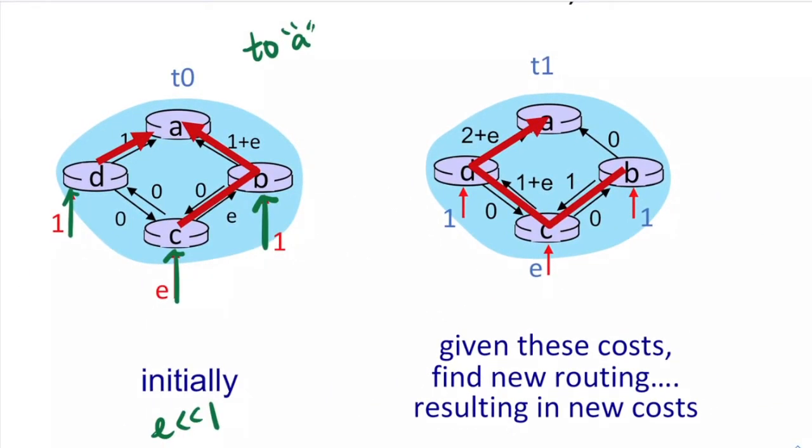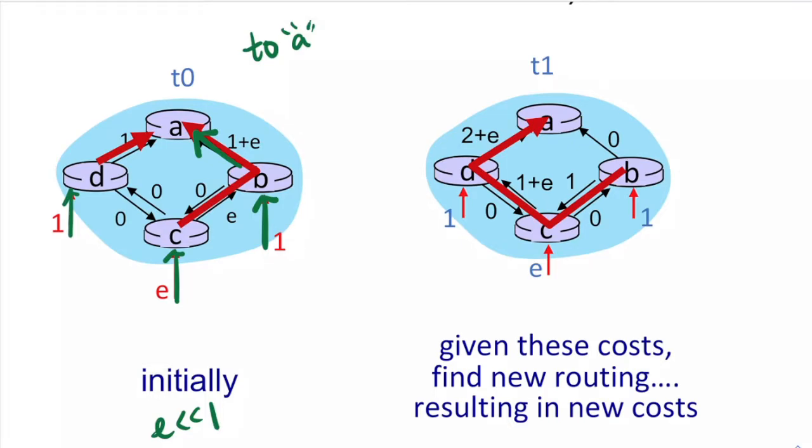So at the very beginning, because there is no traffic on this network, B decides to send its 1 unit of packets to A in this direction.